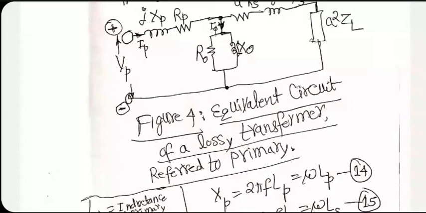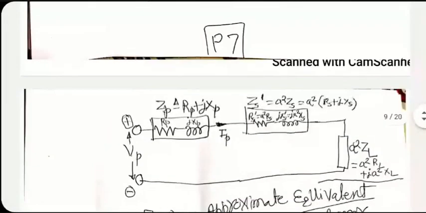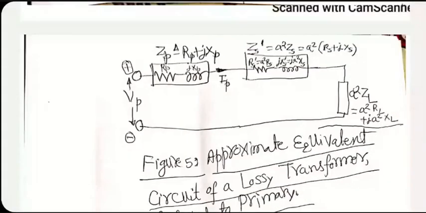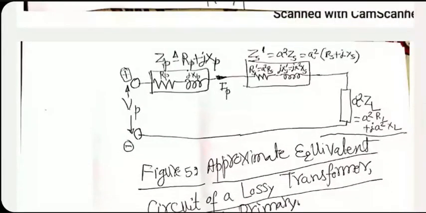Anyway, for a core which has very small losses, the equivalent circuit becomes even simpler. Primary winding impedance can be written as Rp plus jXp, and that in series with the secondary winding's impedance multiplied by A square.